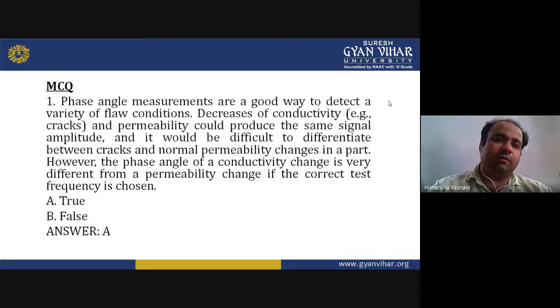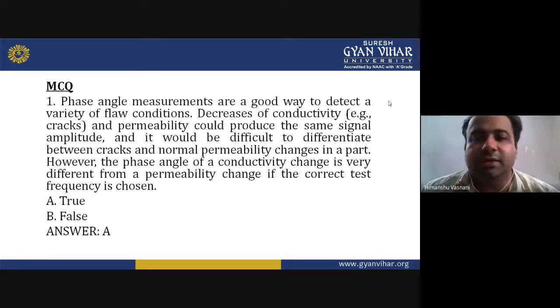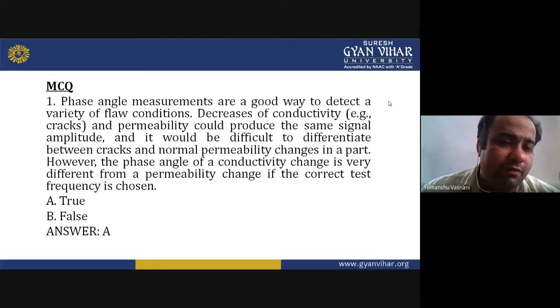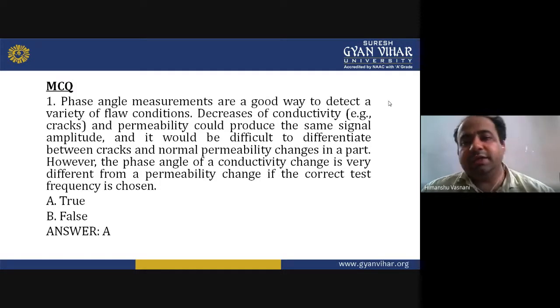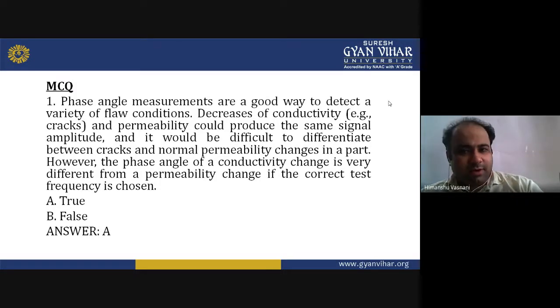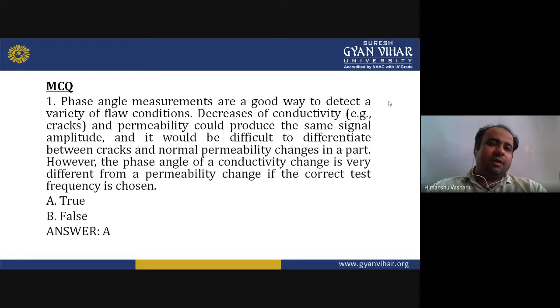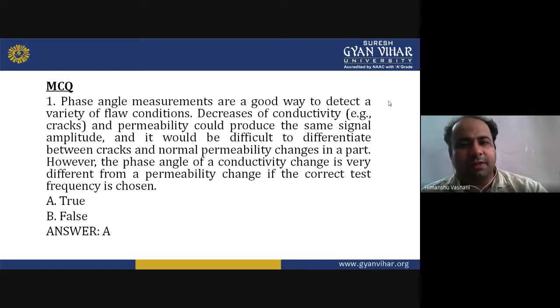The very first question of today's lecture: phase angle measurements are a good way to detect a variety of flaw conditions. A decrease in conductivity, cracks and permeability could produce the same signal amplitude, and it would be difficult to differentiate between cracks and normal permeability changes in a part.